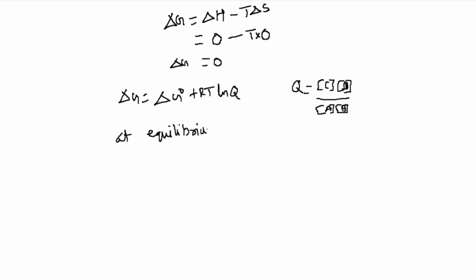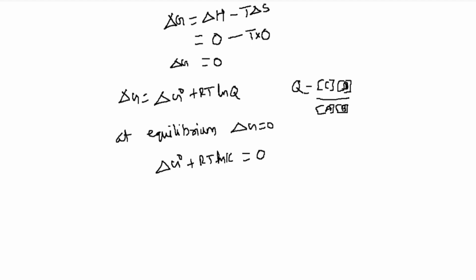At equilibrium, delta G is 0, therefore delta G naught plus RT ln K is equal to 0, where this 0 is for delta G. What is this K?